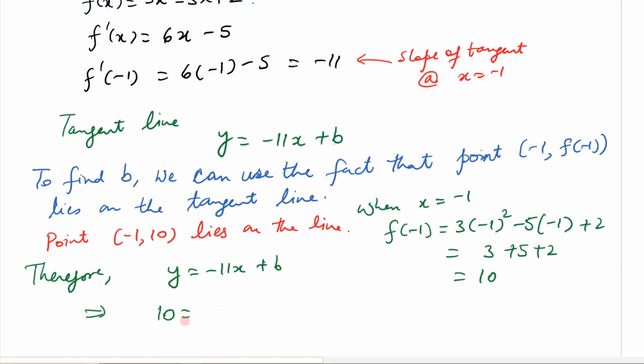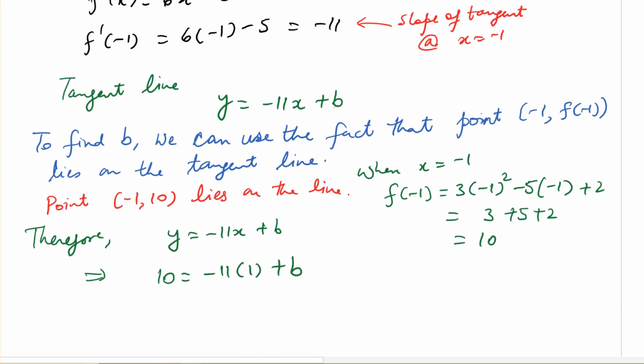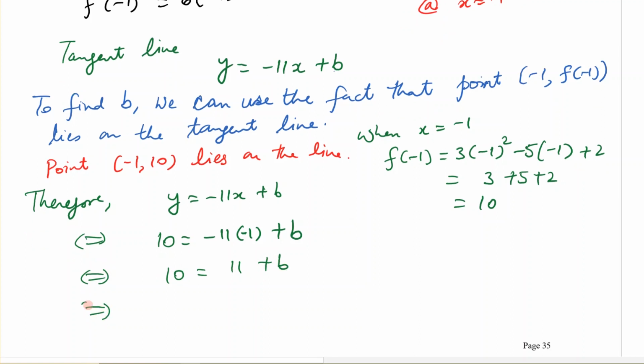So 10 equals -11 times -1 plus b. From here we get 10 equals 11 plus b, or b equals 10 minus 11, so b is equal to -1. So our y-intercept is -1.